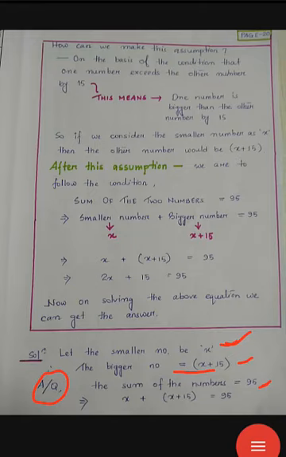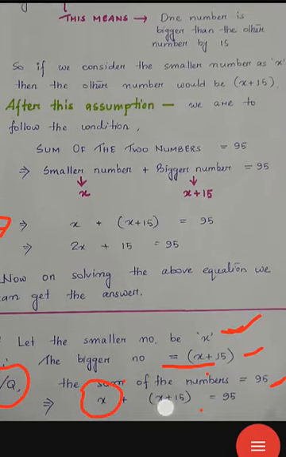This implies smaller number plus bigger number is equal to 95. In place of the smaller number I have put x, while in place of the bigger number it is x plus 15. That is equal to 95.